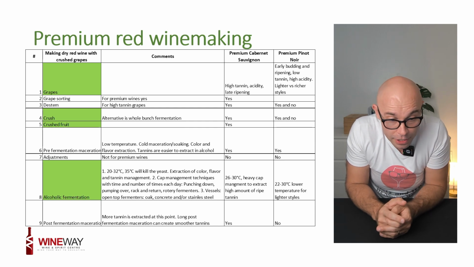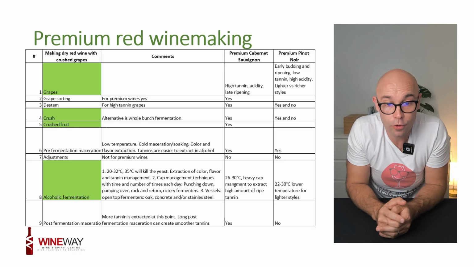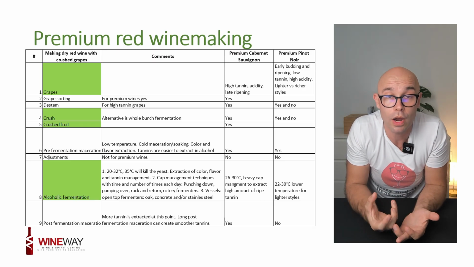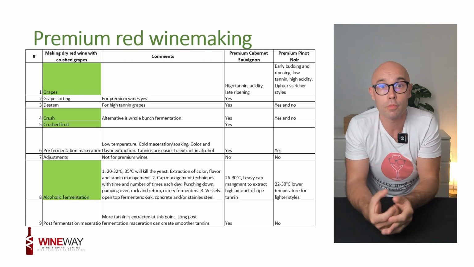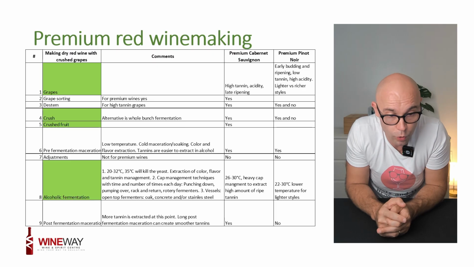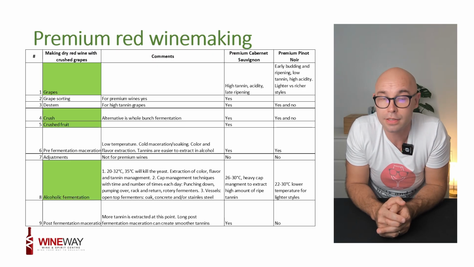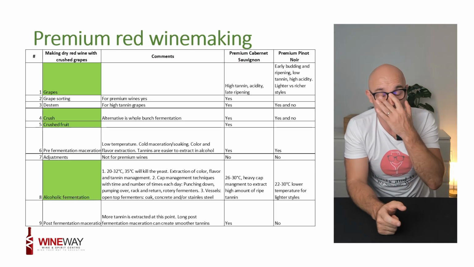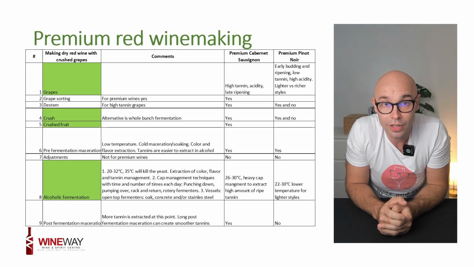Pre-fermentation maceration, so for Cabernet Sauvignon, yes, or for any kind of premium red wine, you want to extract more flavor from the grapes. So cold soaking done. Adjustments for premium wines, no. Alcoholic fermentation for high tannin grape varieties, you want fermentation to be at a higher level, between 26 and 30 degrees.